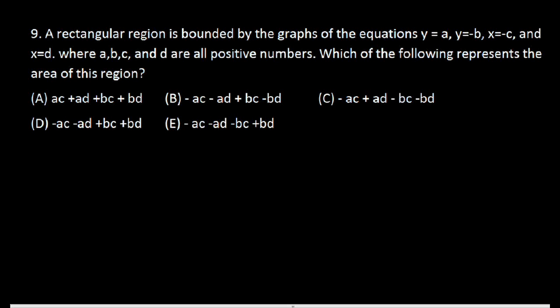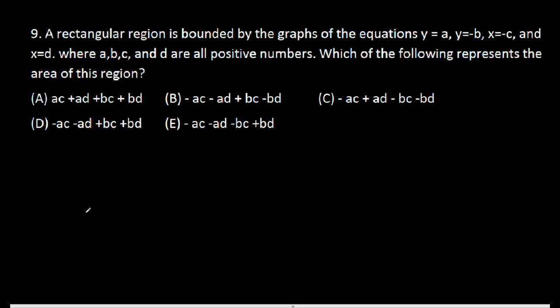Question number 9. A rectangular region is bounded by the graphs of 4 equations: y equals a, y equals negative b, x equals negative c, and x equals d. And we are asked what is the area.